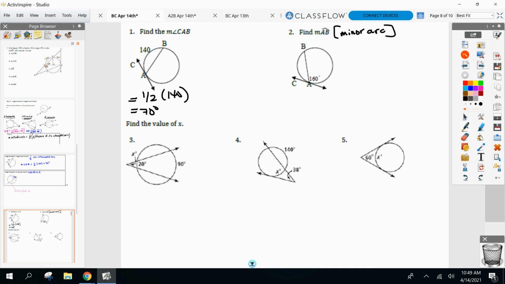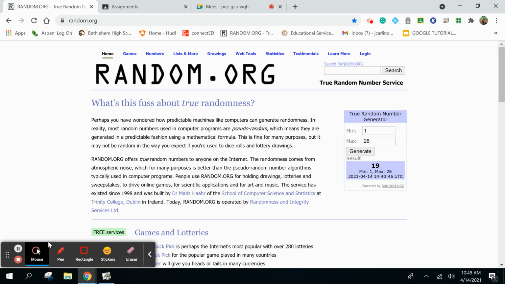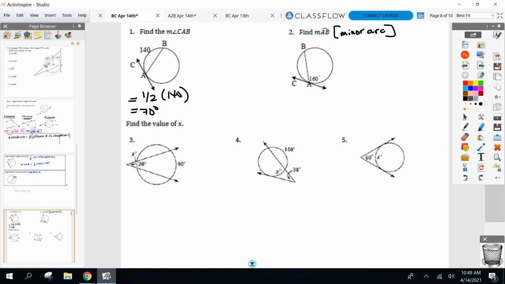So how do I get to minor arc AB here? If I just give you the 160, formed by a tangent and a chord. Oh boy, here we go. Let's start calling on you. 2-4. Emily, good morning. I got 160. Can that 160 lead to anything else, Emily?